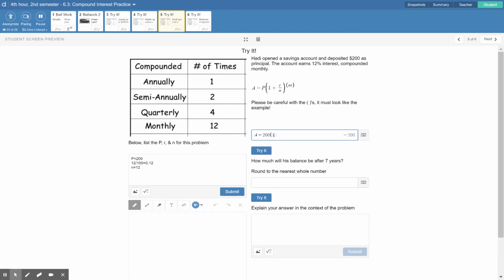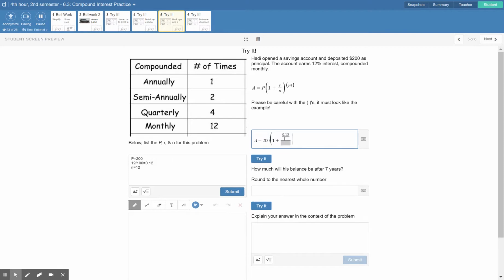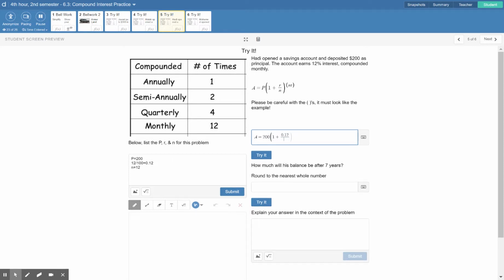So yes, he did not start with a big balance, but that 12% is going to help. And so is the compounded interest. You always want to have more compounding. Monthly is better than quarterly. Quarterly is better than semi-annually because it's happening more times a year.